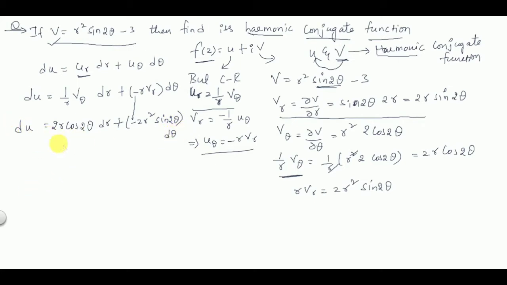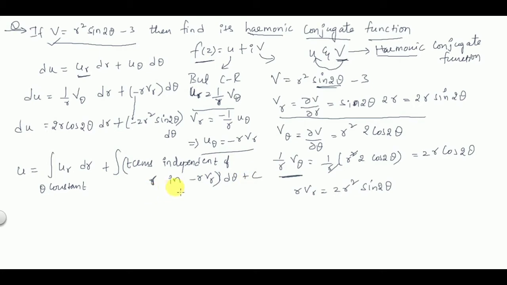Once you got this, what is the formula for finding u? As I have told you, it is the integral of u_r dr, treating theta as constant, plus terms independent of r in minus r v_r d theta, plus c.